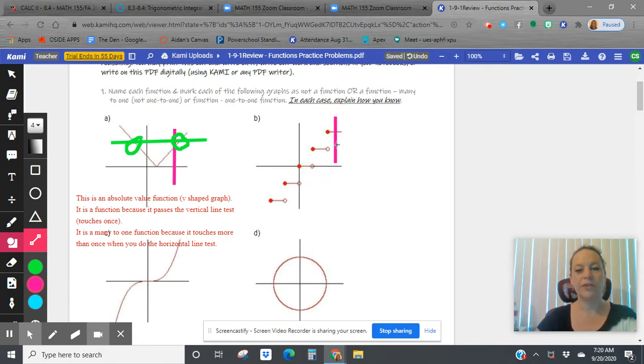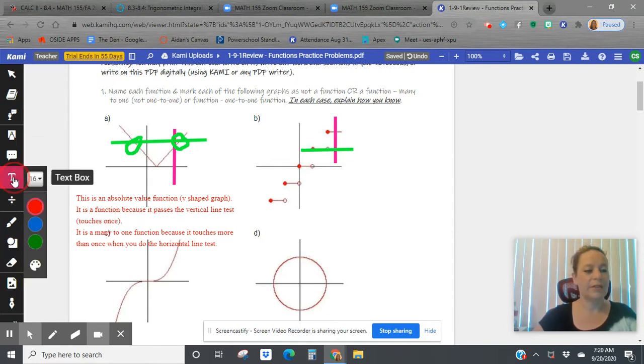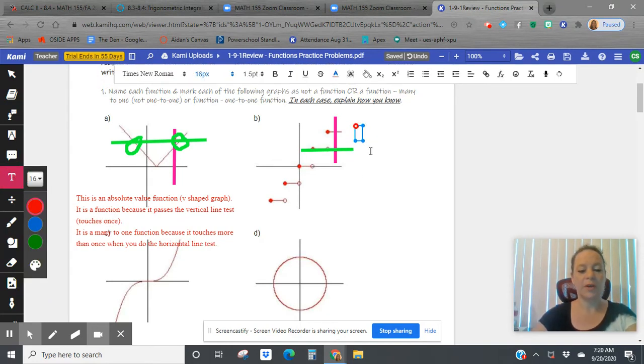When you pass the vertical line through this, it touches once, so it is a function. And when you perform the horizontal line test, especially because these are small horizontal line segments, this touches many times. It touches here and here and here and here and here and here and here and here, all those spots. So it touches many times. So let's put our response.